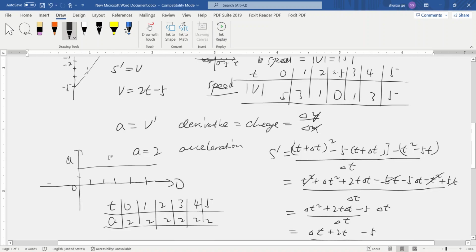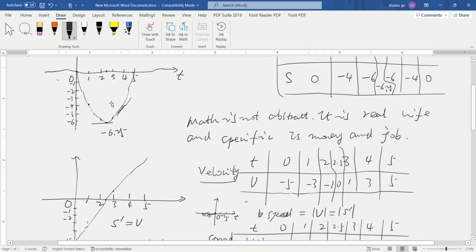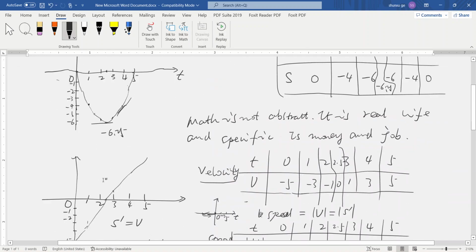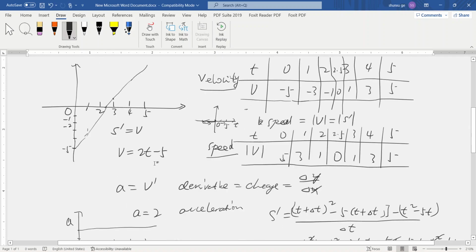So the acceleration is just one horizontal line. It doesn't change because the tangent doesn't change. But here, the tangent changes, so the slope also changes, and it is not a horizontal line.